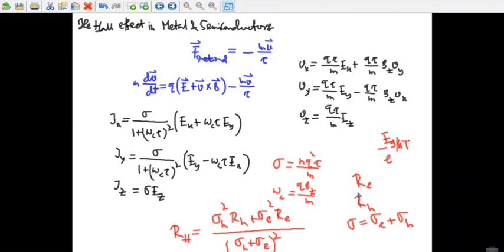If we let each type of carrier have a Hall coefficient Re for electrons and Rh for holes, and we assume that the conductivity sigma is the electronic conductivity plus the hole conductivity, then we can derive an expression for the total Hall coefficient as R_H equals (sigma_h squared R_h plus sigma_e squared R_e) divided by (sigma_h plus sigma_e) whole squared.